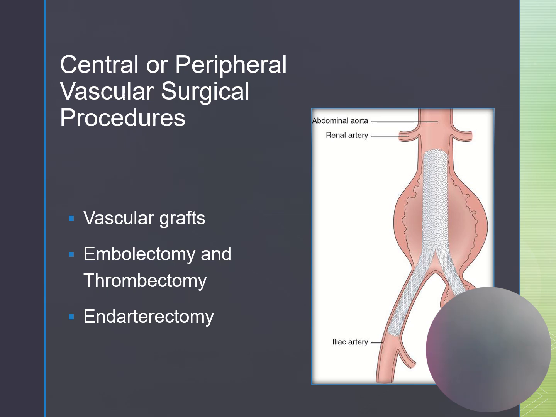We can do an embolectomy or a thrombectomy, where we remove a thrombus or embolus that may be occluding a major vessel. We can do a replacement graft or an endarterectomy.